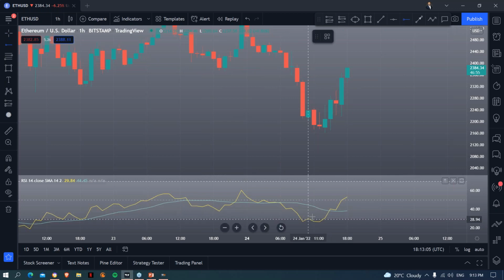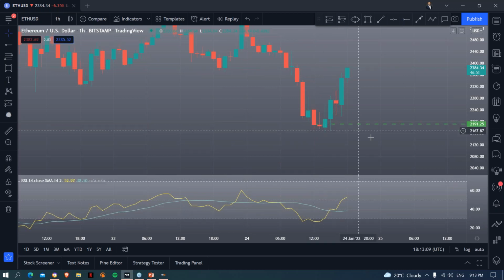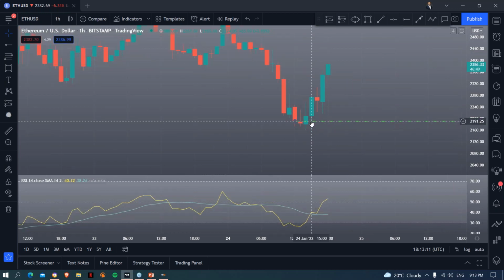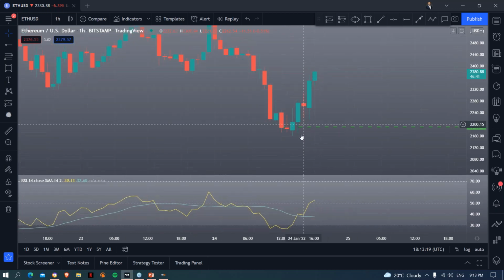So we basically bought around this point. The Ethereum price was 2,191. After the RSI jumped up, we noticed how the market moved from 2100 all the way up to 2380 right now.